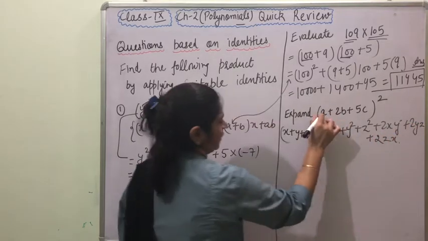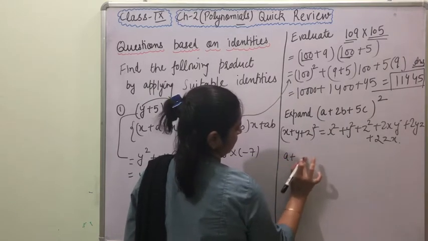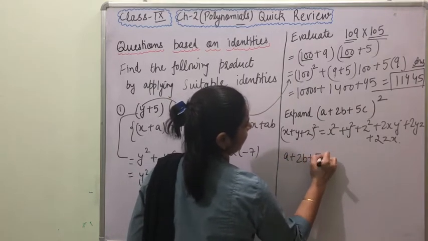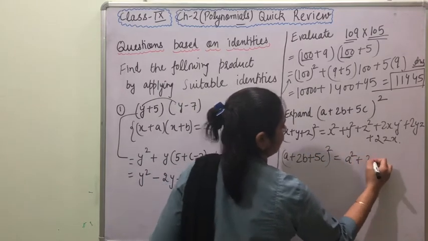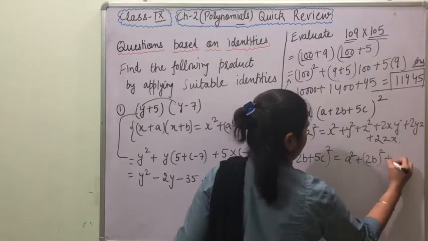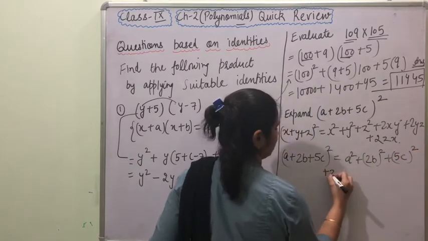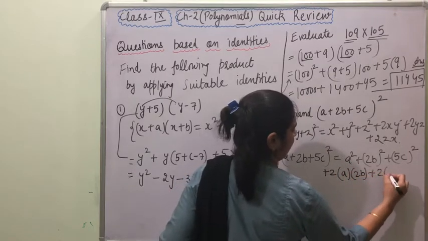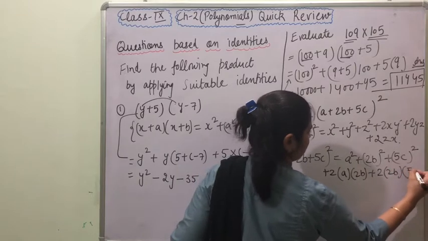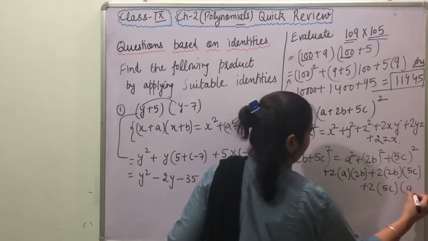Now we'll solve this question by using the identity (a + 2b + 5c) whole square, which is equal to a square plus (2b) whole square plus (5c) whole square plus twice of first into second term, plus twice of 2b into 5c, plus twice of 5c into a.